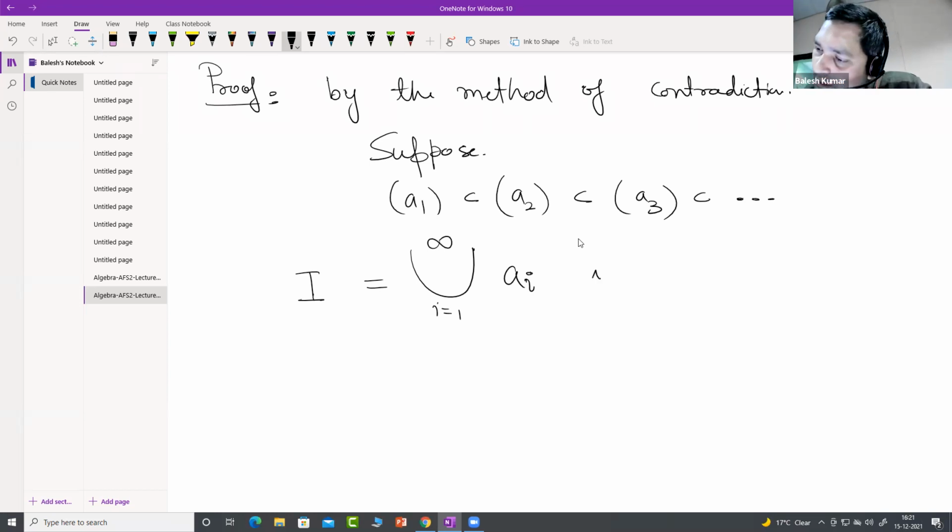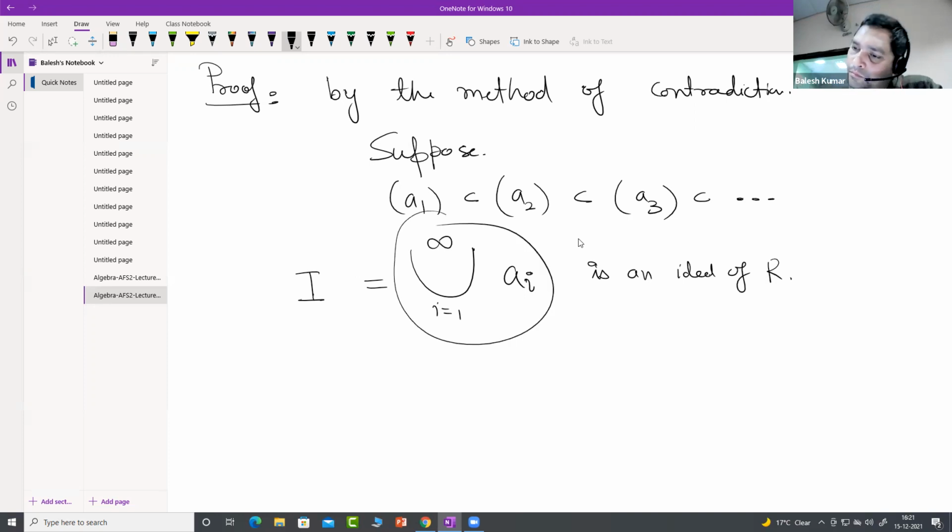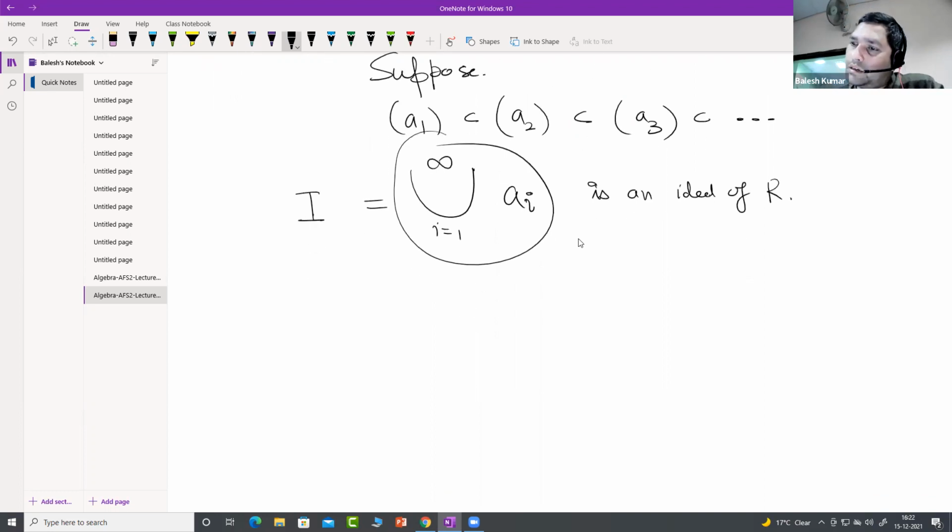So I is an ideal of R. If you take any two elements inside this union, then both lie in one of the ideals, and using the property of that ideal, a plus b lies inside that particular ideal, and hence in the union. Similarly, the scalar multiplication property can also be proved. That should be proven as a separate lemma, but it is very easy.